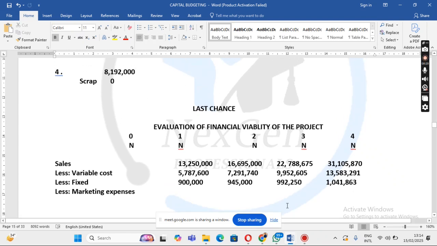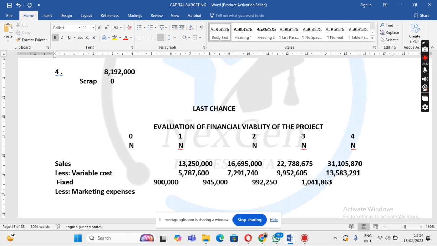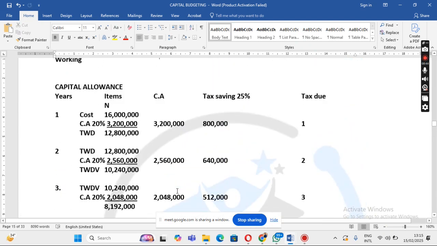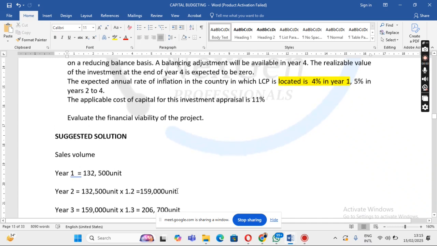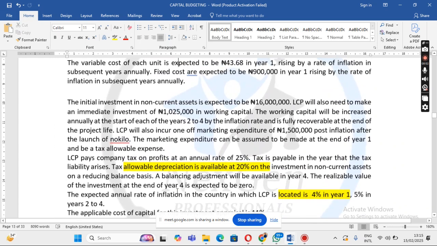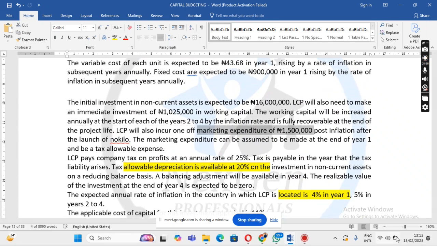You can put only one less instead of multiple lessons, so it will cover all this. So the next one is the marketing expenses. Let's check the marketing expenses. What is the marketing expenditure here? 1 million, right?